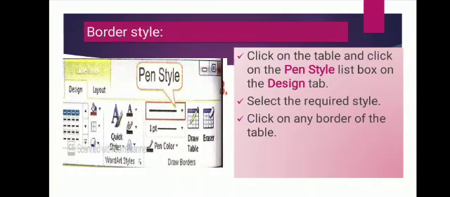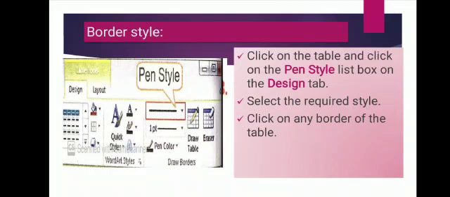This tool is very helpful in changing the line style of the table. See in the diagram, it will change the line style. When you click on the drop down arrow button of this pen style, it will give you options about the thickness of that line and the style of that line. So for this also you have to select the table that you want to change.